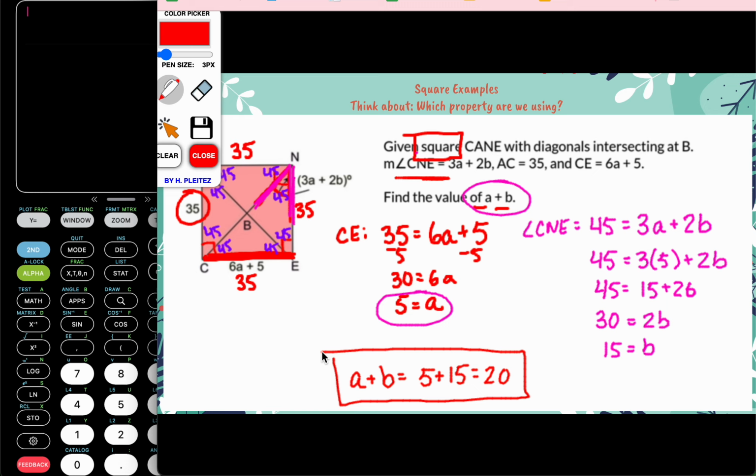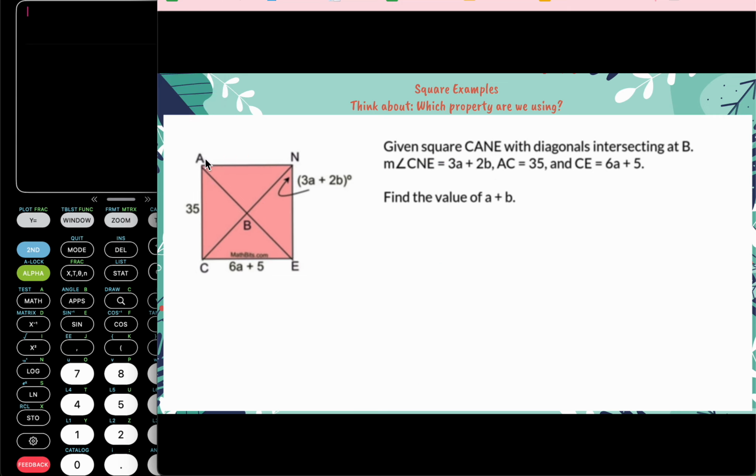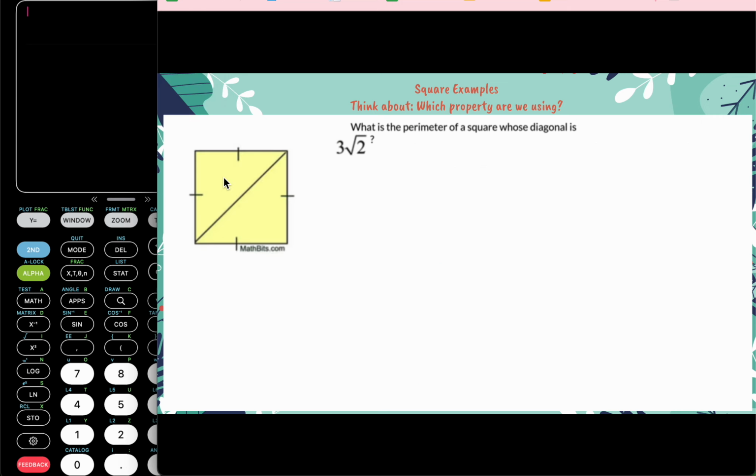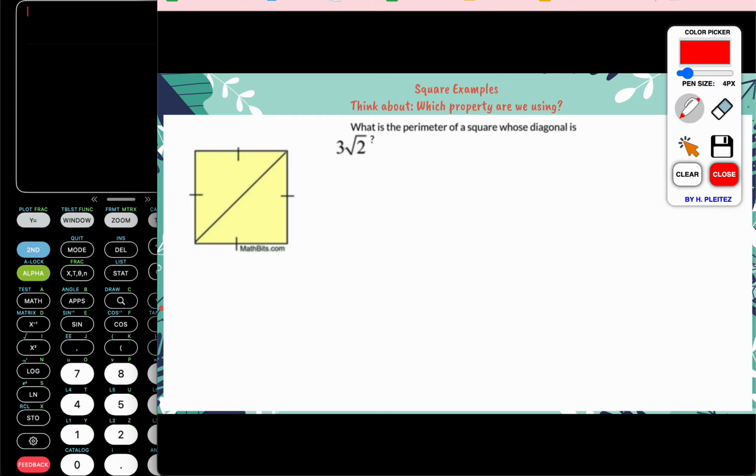So again, these questions may be multi-step, but whatever shape you have, try to label whatever you can from that, and it might help you see what you need to do. Now this is the second type of question here, where you might have to find the lengths of diagonals or the lengths of sides given different information.